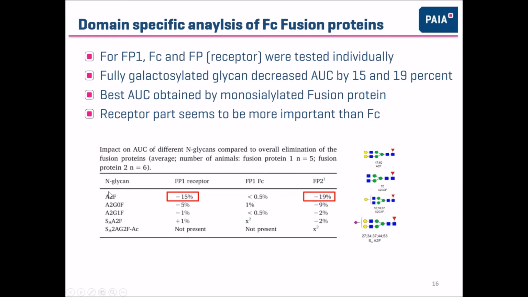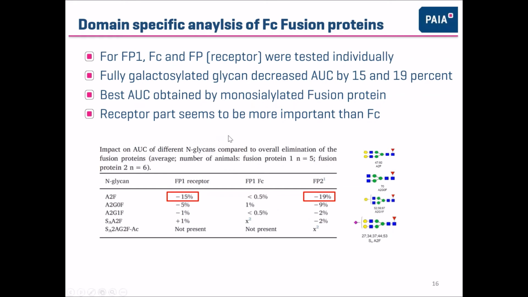So here it's clear that the A2F variant is the one which is really cleared a lot faster. So it seems that the receptor part seems to be more important than the Fc part when it comes to pharmacokinetics.